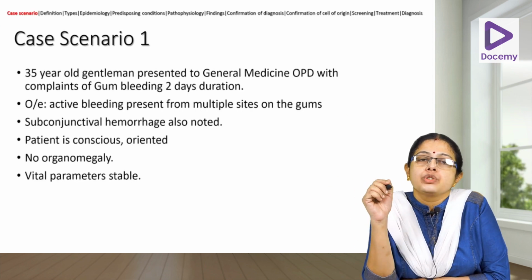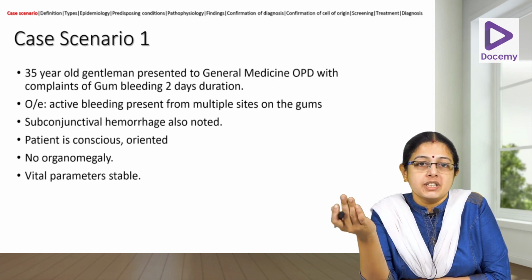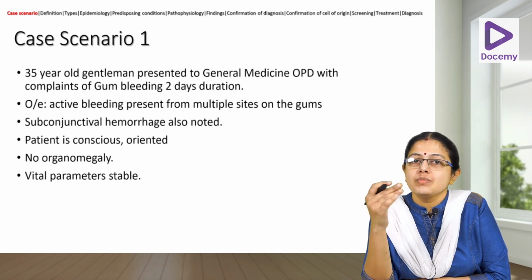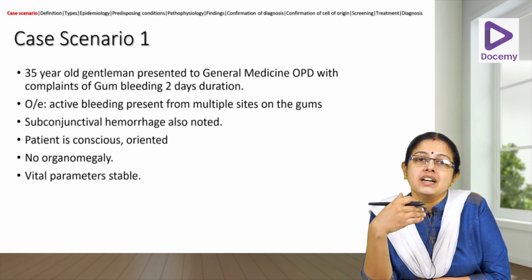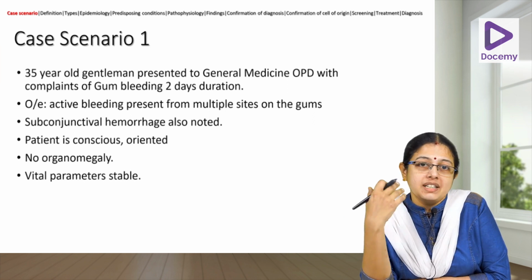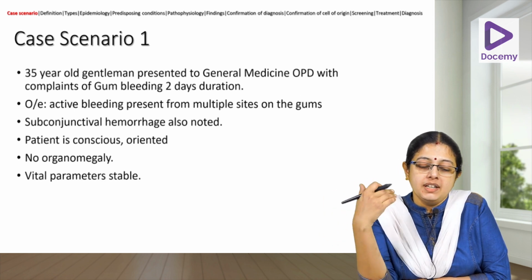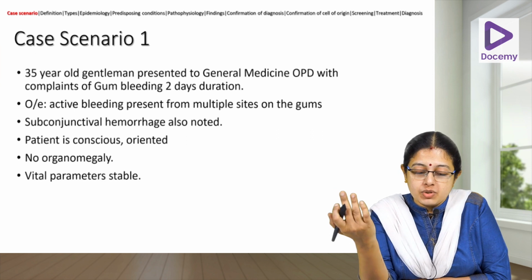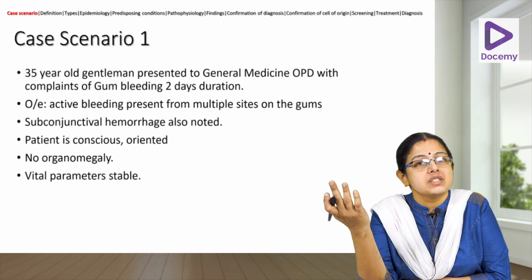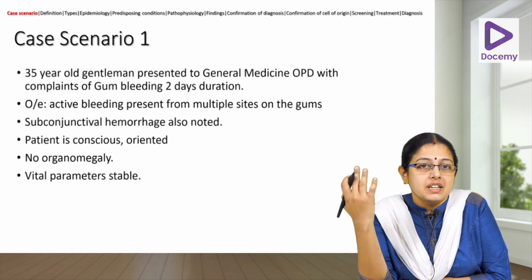I'll be taking you through a few case scenarios, but the details of how this particular patient was dealt with, we'll cover at the end of the presentation. Initially we'll just go through the case scenarios, understand how the patient presented, and then understand the basics of the diagnosis, the types of leukemia, the epidemiology, the predisposing conditions, the pathophysiology, findings, confirmation of diagnosis, confirmation of cell of origin, how to screen for complications and how to treat it.